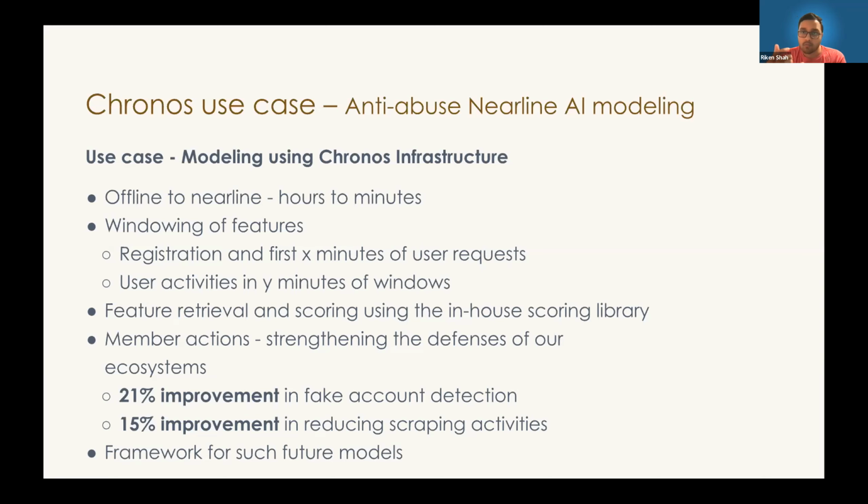For instance, one example of an AI model that we would use is a registration-based model. We know that all the abusive accounts or fake accounts, once they register, tend to do similar kinds of activity, either sending a lot of requests and so on and so forth. We can detect the signals based on the historical data.